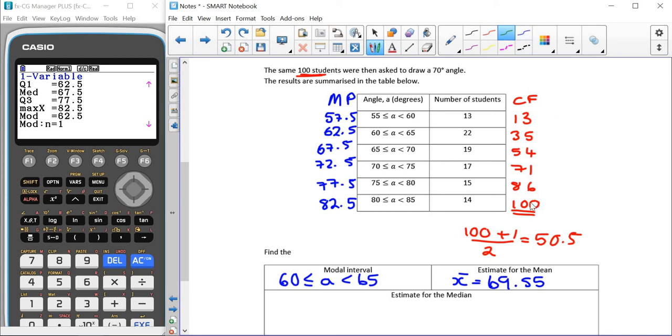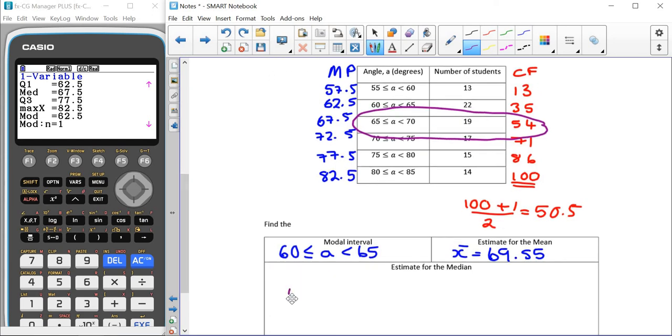Next, we're looking through our values here, and we're going to look for where it changes from being below 50.5 to above 50.5. So at the end of the first group, we only have 13. At the end of the second group, we have 35. And at the end of the third group, we're up to 54. So we know that somewhere in this group here, I'm going to have my median value.